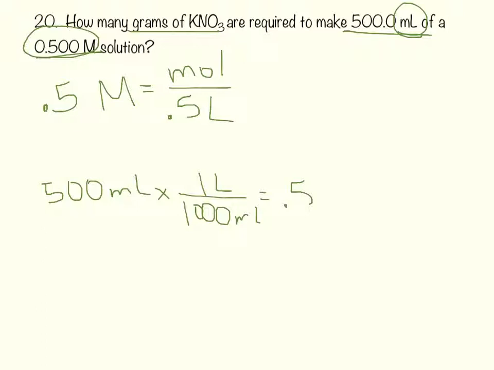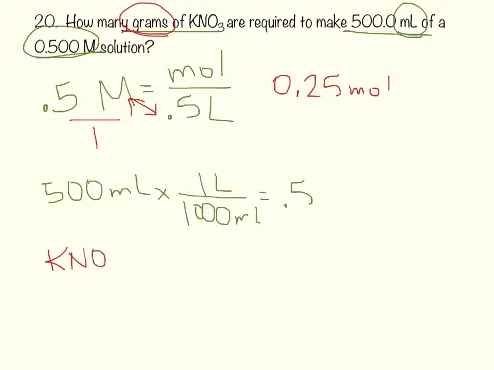Now when you're solving a problem like that, over 1 we're going to cross multiply, so that's 0.5 times 0.5, which gives you 0.25 moles, which would be fine if we were looking for moles, but the final answer asks for grams of KNO3. So now I need to know the molar mass of KNO3 off the periodic table.